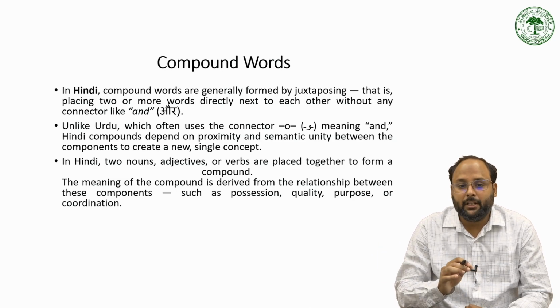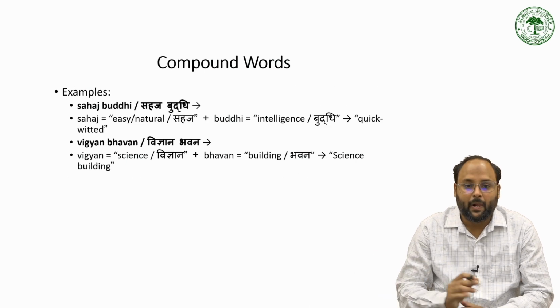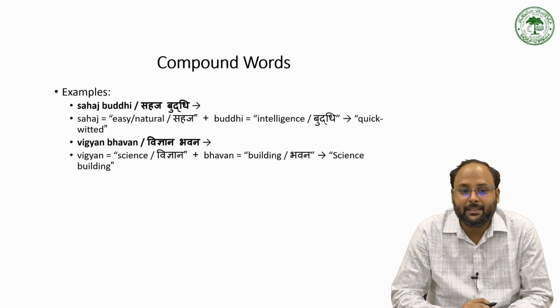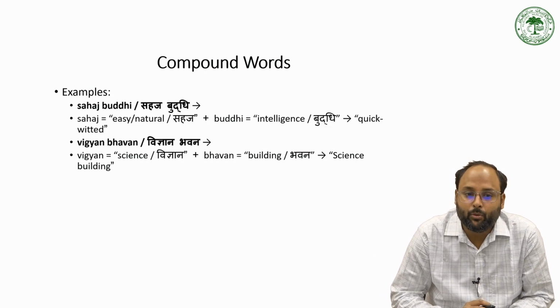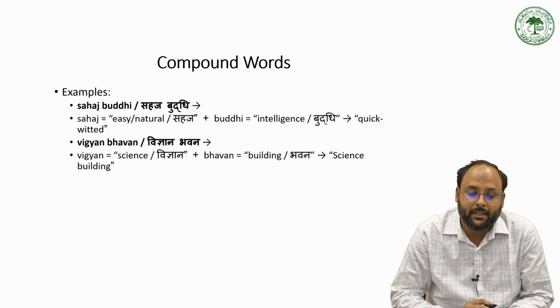In Hindi, two nouns, two adjectives or verbs are placed together to form a compound. The meaning of the compound is derived from the relationship between these components, like position, quality, purpose or coordination. In Hindi we have compound words like Sahaj Buddhi, meaning quick-witted, and Vigyan Bhavan, science building.